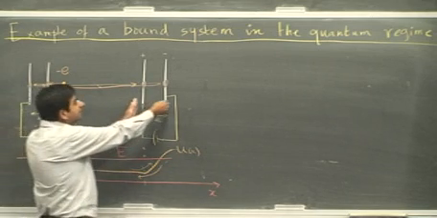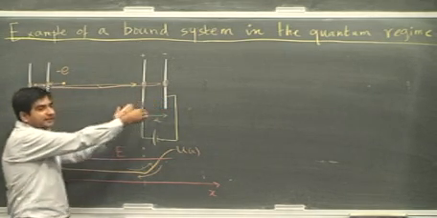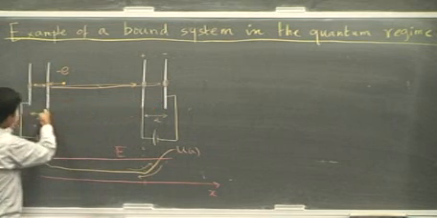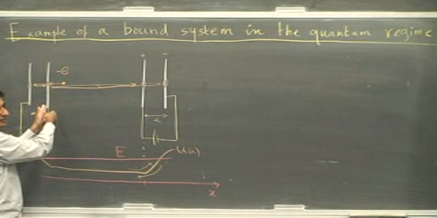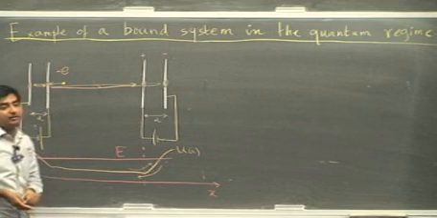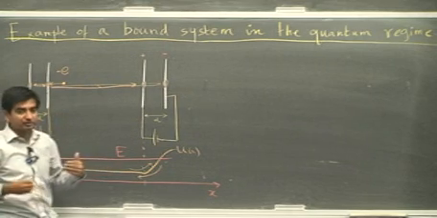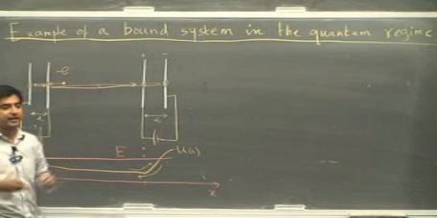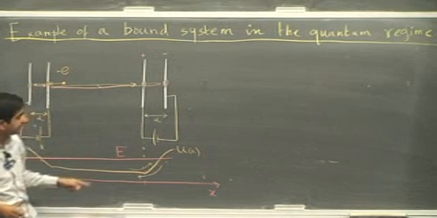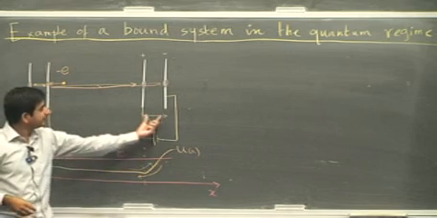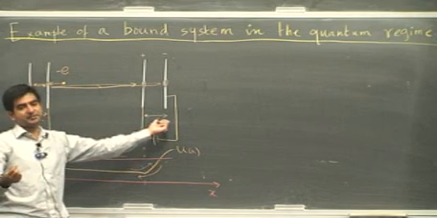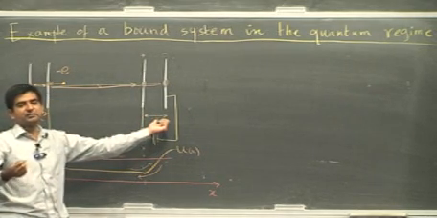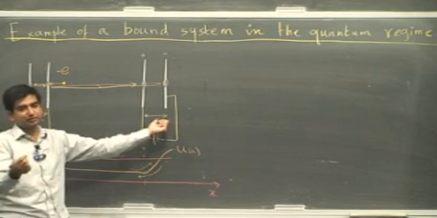So if the separation between these parallel plates is decreased, that is d decreases, this d also decreases, then this potential energy curve becomes steeper and steeper. Eventually, in the hypothetical scenario that this is an infinitesimal separation, this separation is extremely small, it's almost 0.